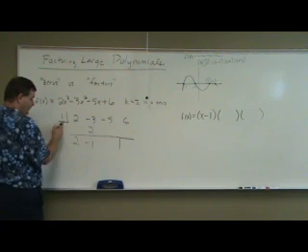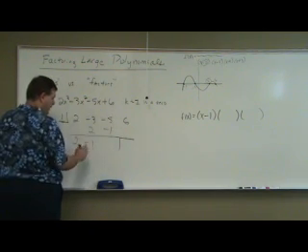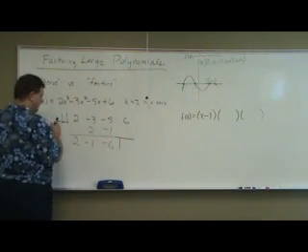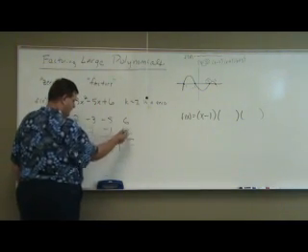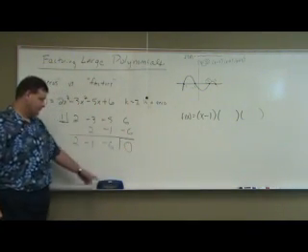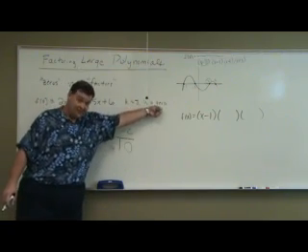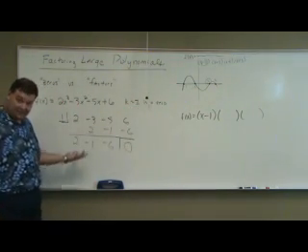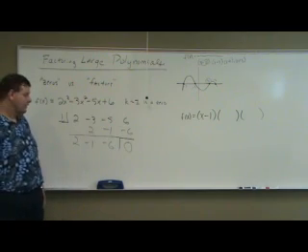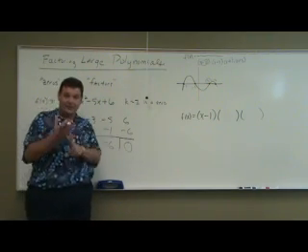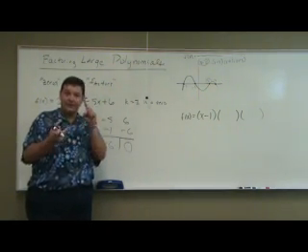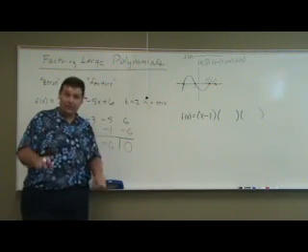Add. 1 times -1. Add. 1 times -6. Add. And we sure as heck better have a 0 there, because we were told that's a zero of the function. It's a factor. There's a 0 remainder. All those things are interchangeable. A 0 remainder is a factor, is an x-intercept, or a quote-unquote zero.